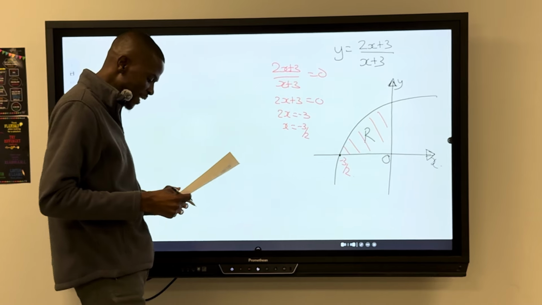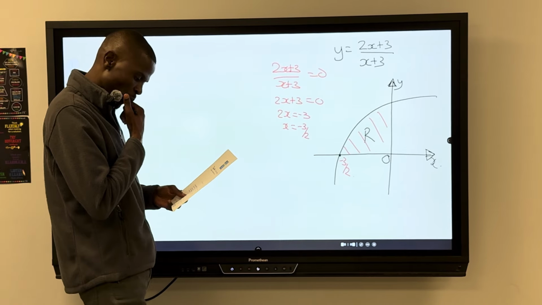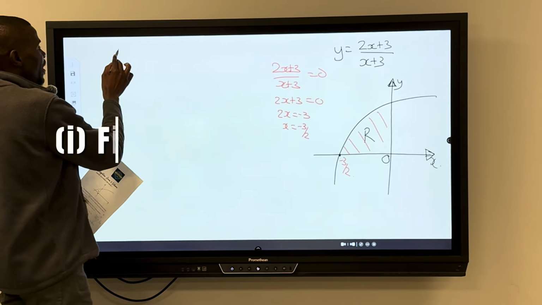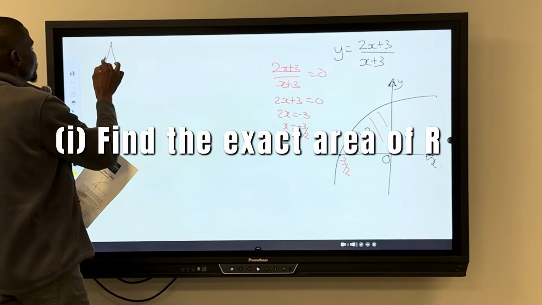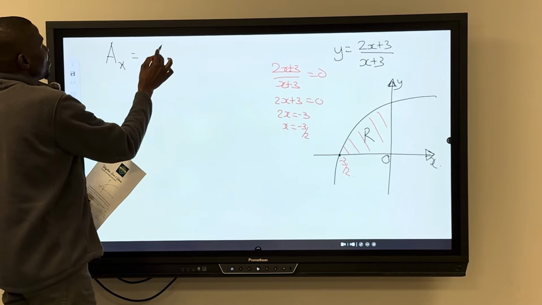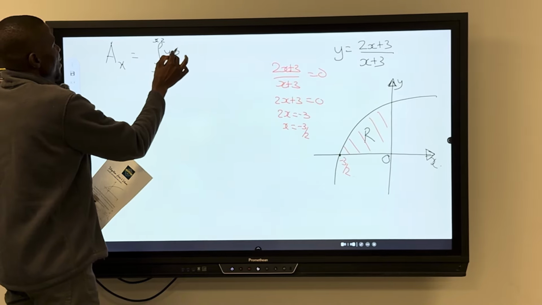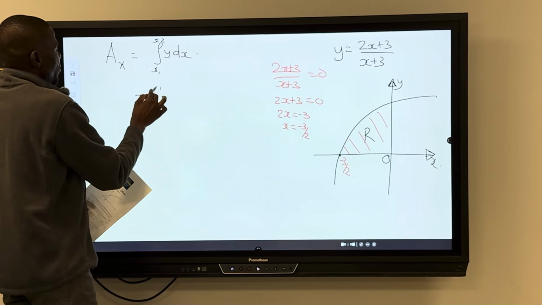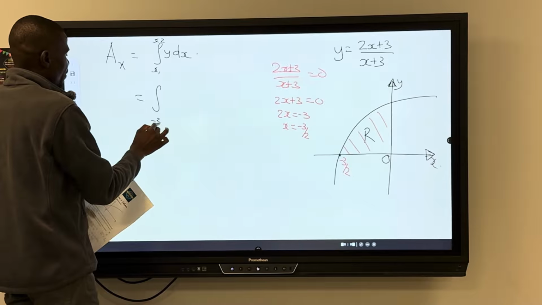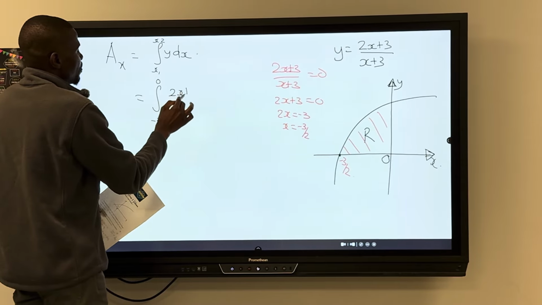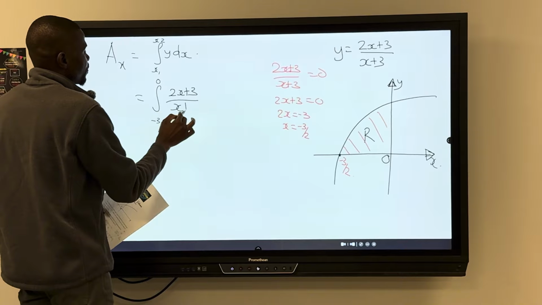So on item 1, we need to find the area. So we are going to find the area, which is equal to the integral from x1 to x2 of y dx. So here we are going to integrate from -3/2 up to 0 of (2x + 3)/(x + 3).